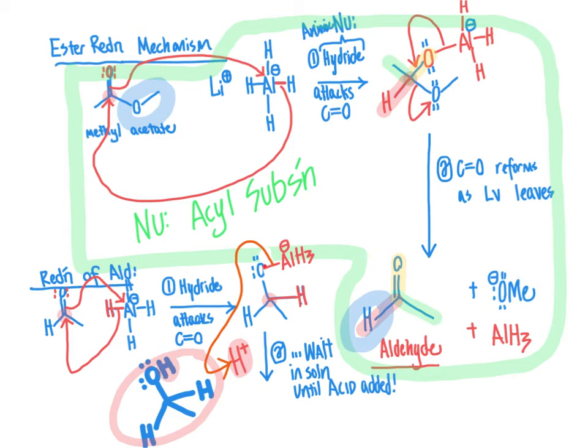And in that reaction with an acid, we're going to take these electrons from the aluminum oxygen bond, break that aluminum oxygen bond, take the electrons over to grab the proton that becomes attached to the oxygen in the final product. So when we reduce an ester, we will yield an alcohol product.